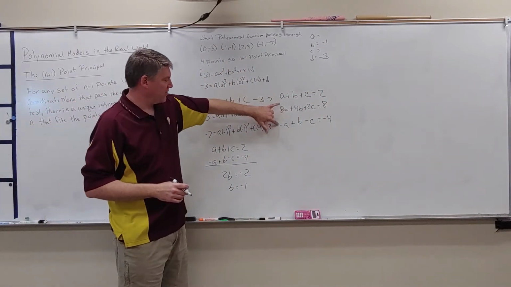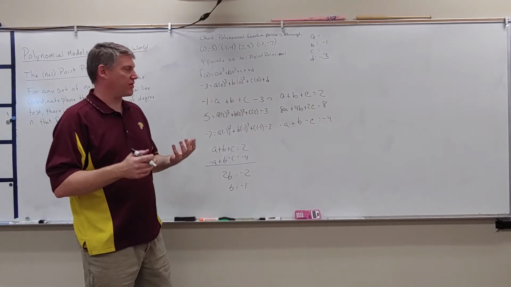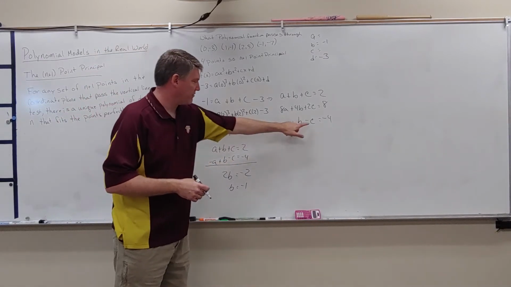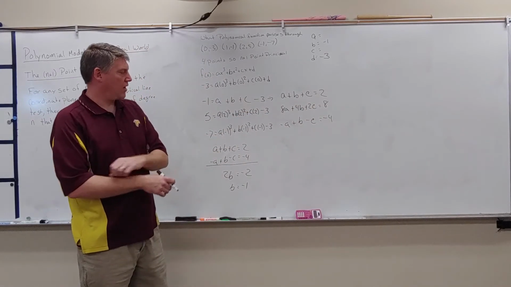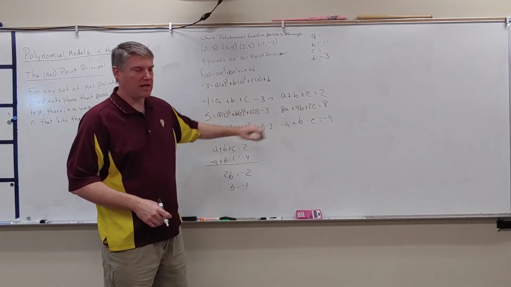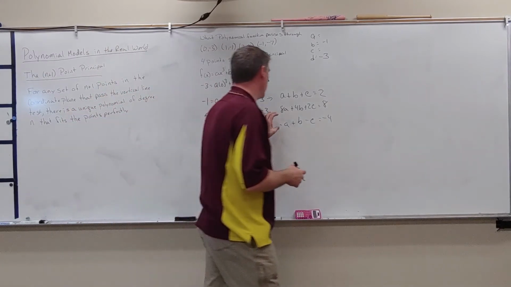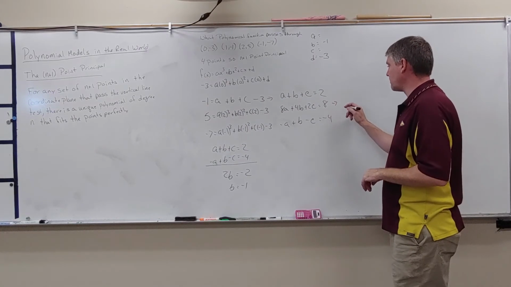So we used our first and our third, so we don't want to use our first and third again. I notice here the b's are going to go away, so I'm going to use my second and my third equation, okay? I'm going to rewrite this, putting -1 in for my b.